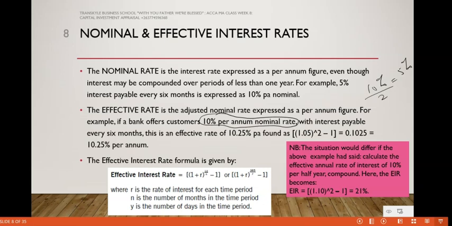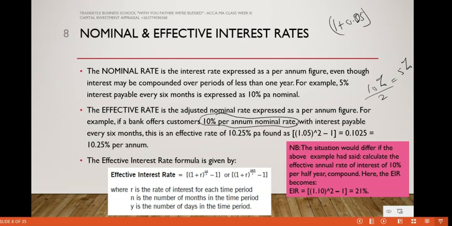Okay, so the effective interest rate is actually going to be found by 1 plus R, and we are saying our R is 5%, so that's 1 plus 0.05 to the power n, and our n in this particular case is not the 6 months, but the periods at which interest is being paid.